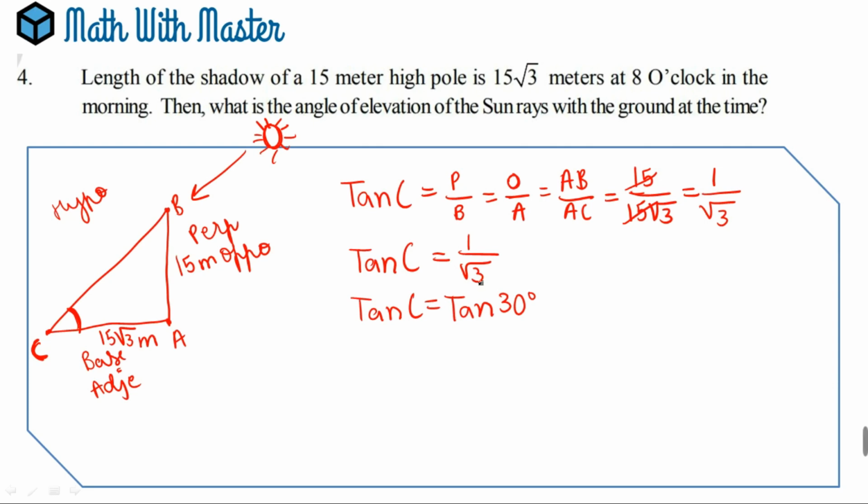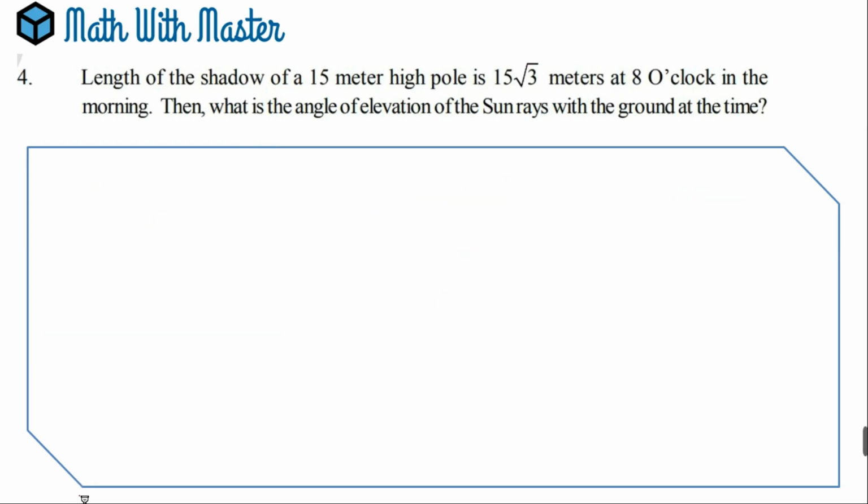Instead of 1 upon root 3, we can write tan 30 degrees. Now the trigonometric ratio here and here is the same, so the angle will be the same. So C is equal to 30 degrees. So this is how we have solved this question. We will move towards the next question.